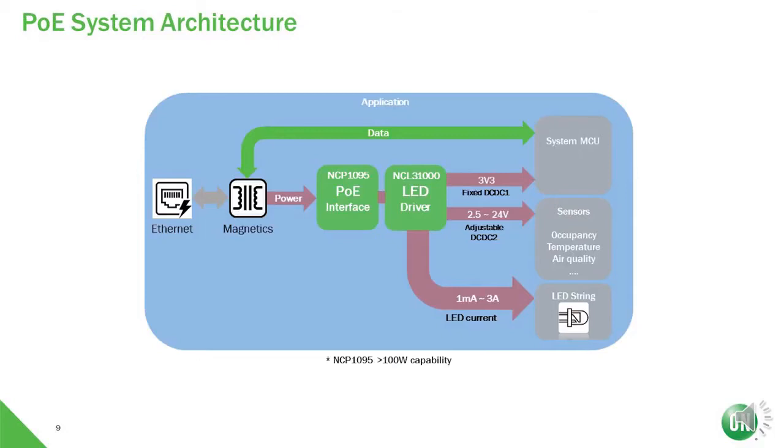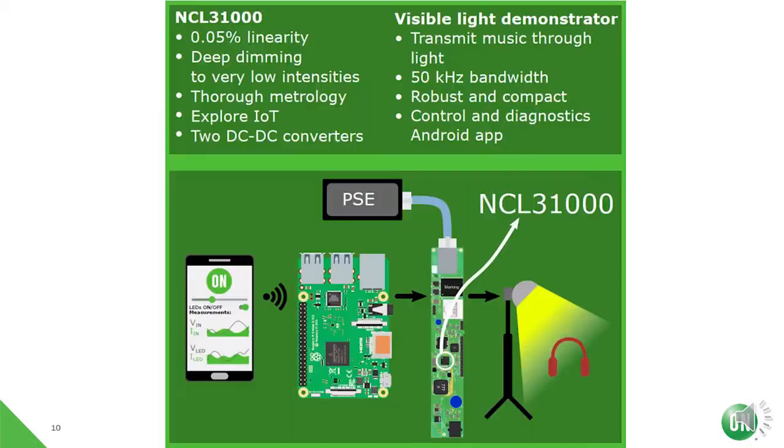Or powered through power over Ethernet, this is what the system would look like, as in the demo that is going to follow here. The demo setup consists of the NCL31000 board, powered through power over Ethernet, connected to a Raspberry Pi. The Raspberry Pi makes a Wi-Fi connection to an application on the mobile phone, and of course the NCL31000 drives an LED fixture.